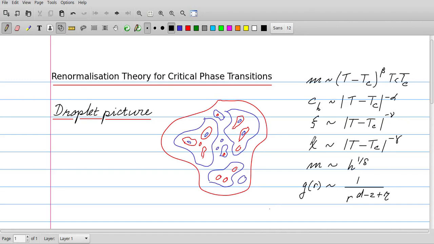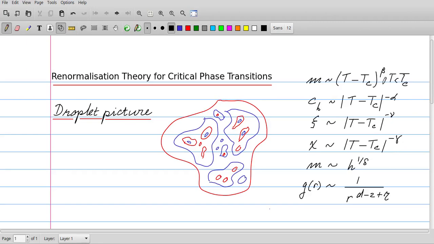We have the magnetic susceptibility, which tells us how the magnetization varies with changing field, and that also diverges. We have the variation of the magnetization with the field itself at the critical point, and we have the correlation function. And so we have 1, 2, 3, 4, 5, 6 critical exponents.